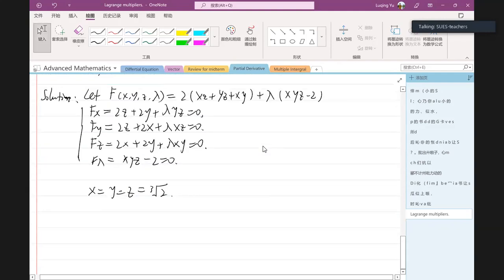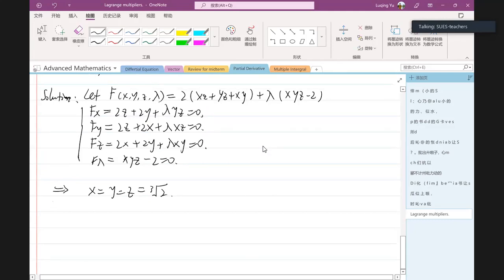So x equals y equals z equals 2 to the power of 1/3.